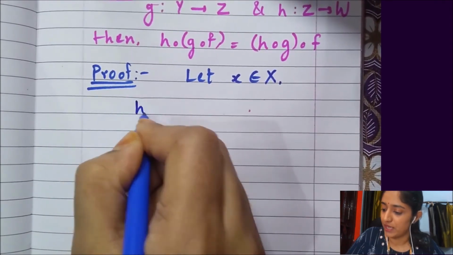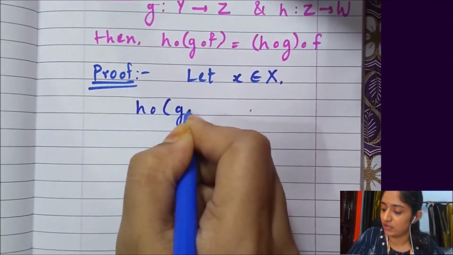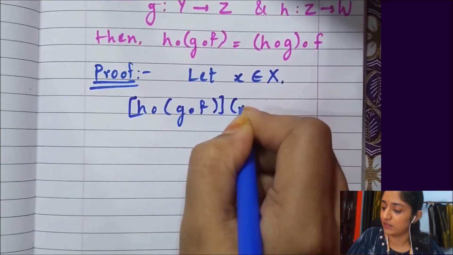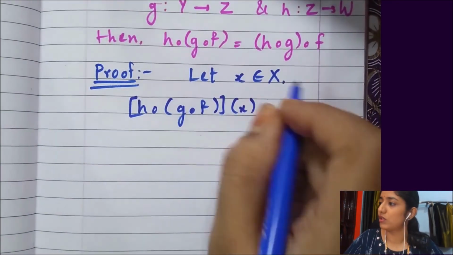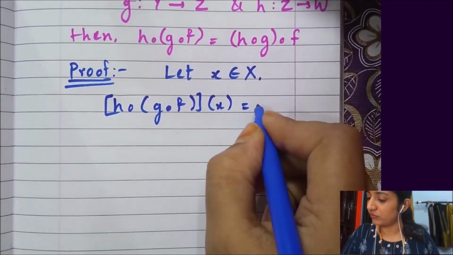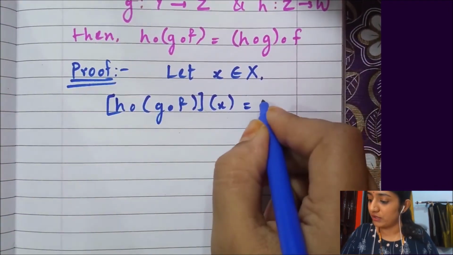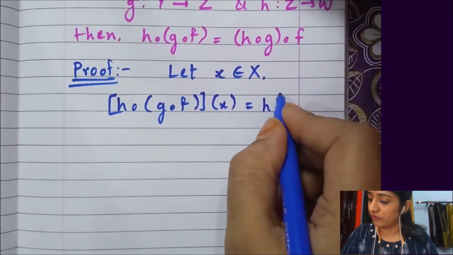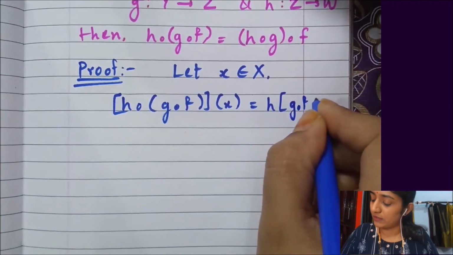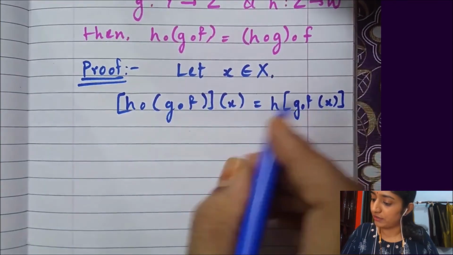We take just an arbitrary element x from the domain X and we apply h circle g circle f of x. We are applying the whole bunch of operations on the little x. What we are doing is h of this function of x. This is how the composite works, right?